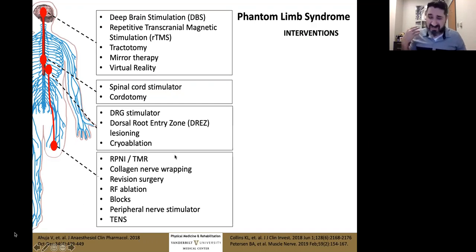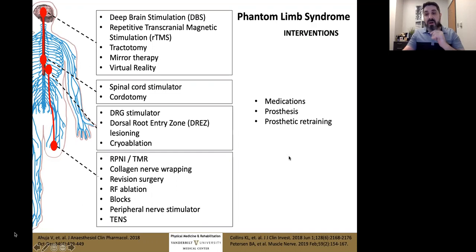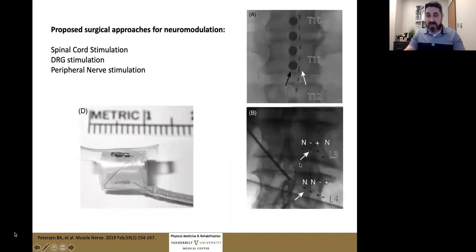There's about 150 different techniques that have been attempted for how to handle the nerve, dive it into a neighboring vein, a number of things, but right now the two games going are RPNI and TMR and collagen nerve wrapping. So revision surgery, radiofrequency ablation, blocks, peripheral nerve stimulator, and TENS. Obviously, medications, prosthesis, prosthetic training.